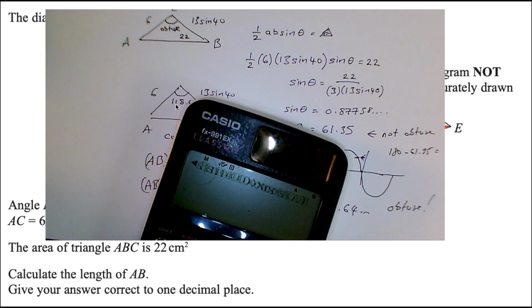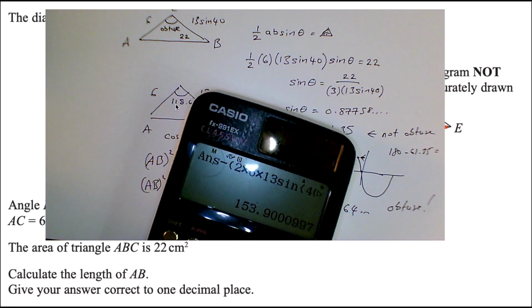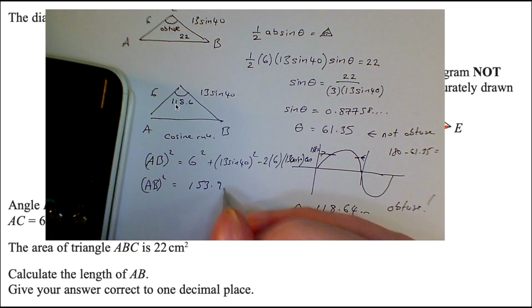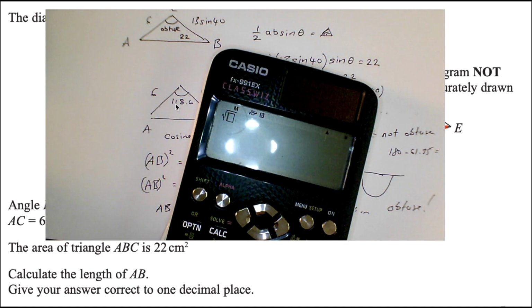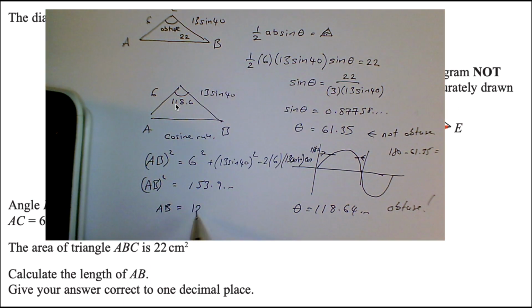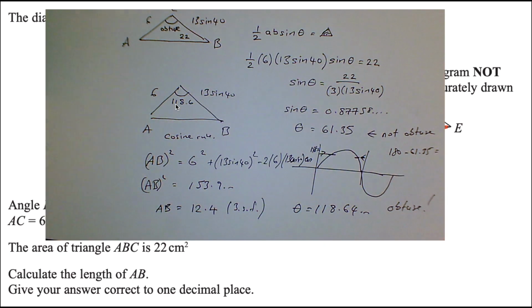I saved it in my A memory. And it tells me that AB squared is 153.9 and so on. If I square root both sides, it gives me the length AB. So square root of the answer is 12.4. Now that wasn't a particularly easy question, lots of very bitty parts, but individually all parts that you could do, I believe.